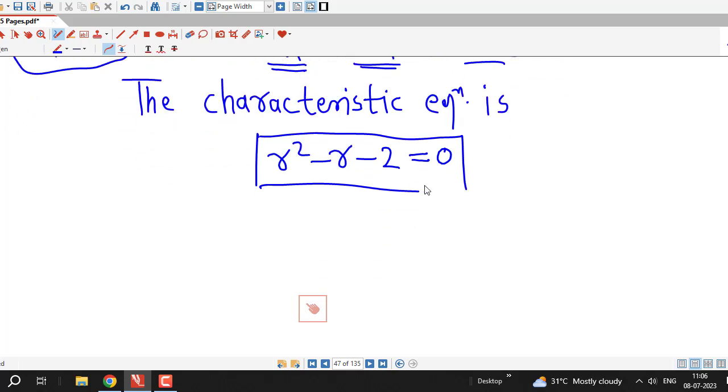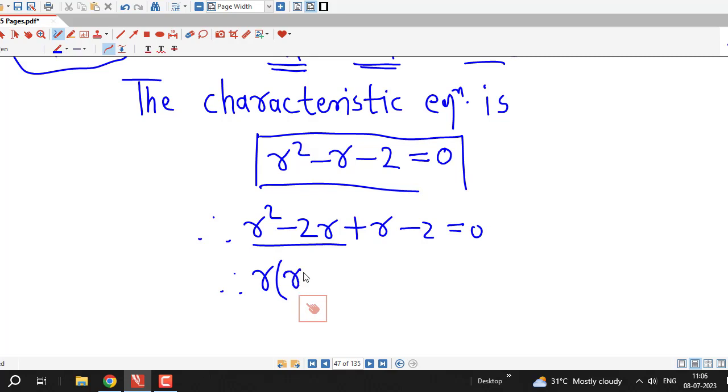Now we solve this quadratic equation. We can see that I can rewrite this minus r as minus 2r plus r minus 2 equal to 0, and now I can rewrite this as, I take r common, I have r minus 2.